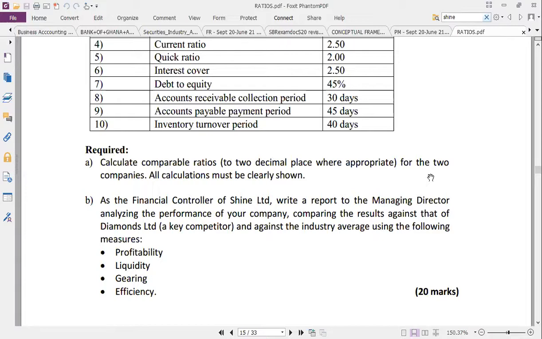Then that means the examiner wants you to talk about profitability, liquidity, gearing, and efficiency. That is how they want you to talk about it.